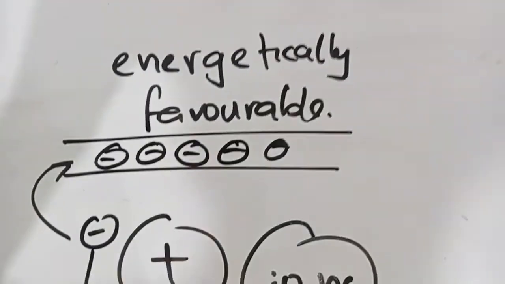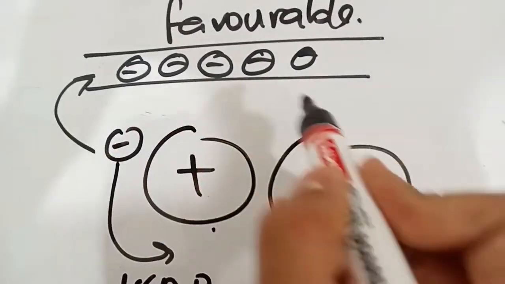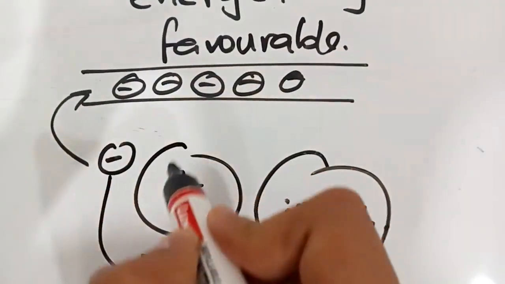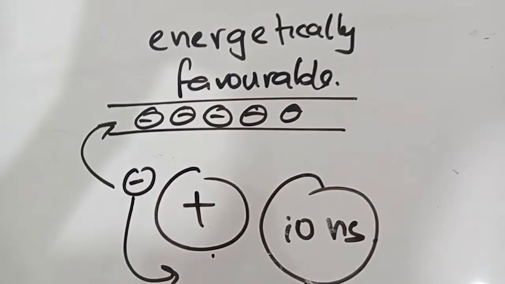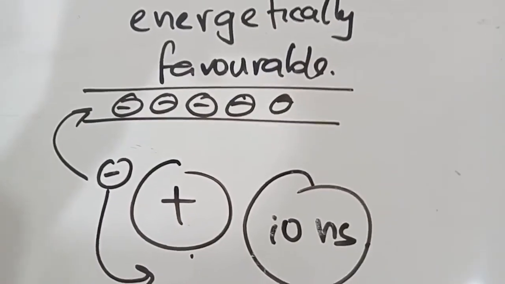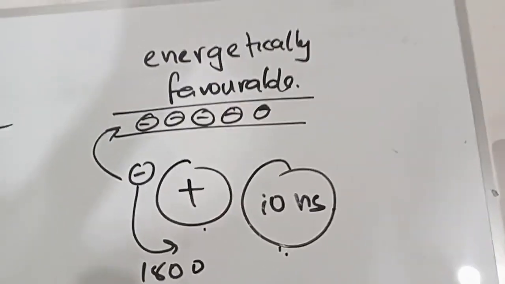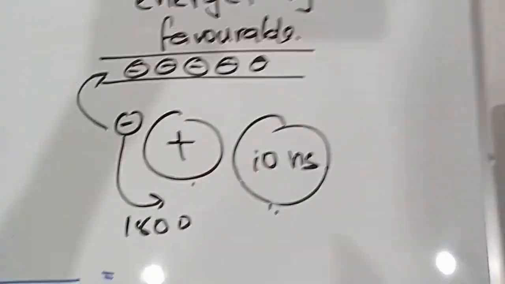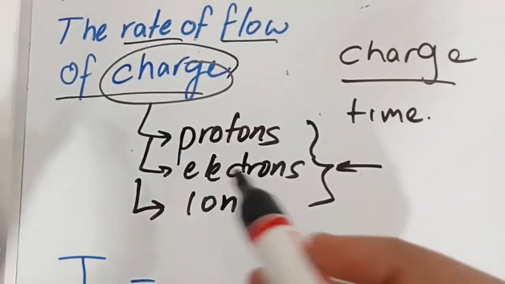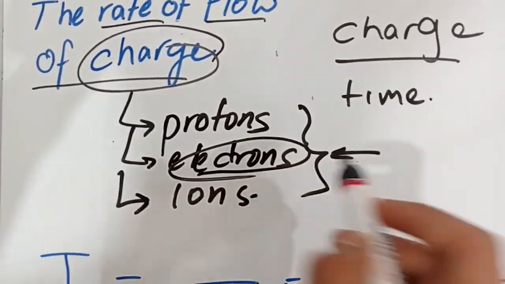It is energetically favorable for the electron to flow through the wire rather than the proton or the ions. And that is why every time we refer to current, we're always saying electrons flowing. That is current, the rate of flow of charge. So we're talking about electrons, okay?